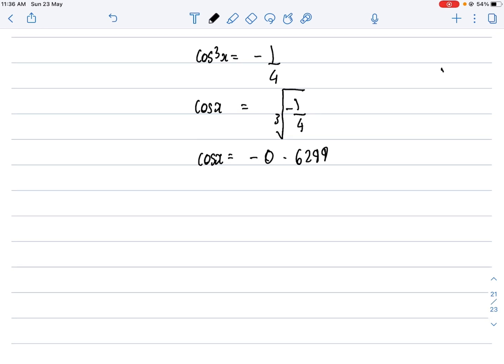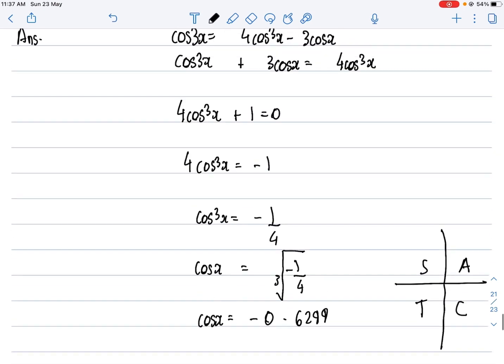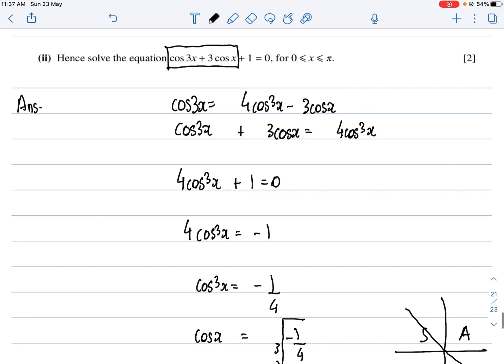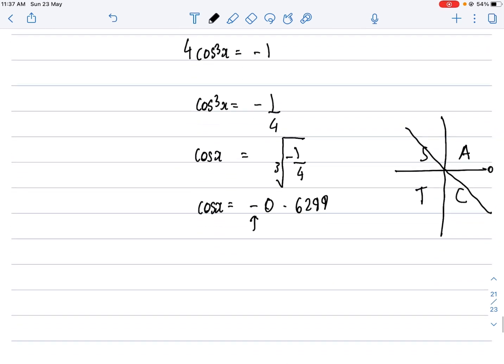Now I'll make my ASTC curve. Now I need to see where my cos is negative. My cos is negative in the second quadrant and the fourth quadrant. But my domain is basically from 0 to pi, so my fourth quadrant will not be an answer.